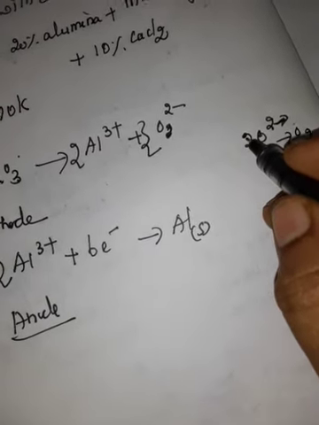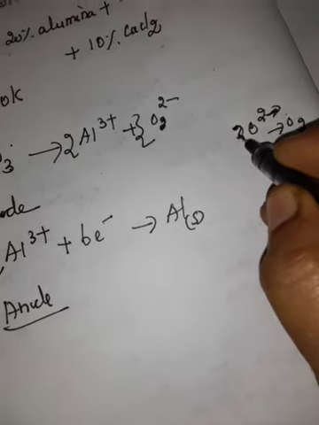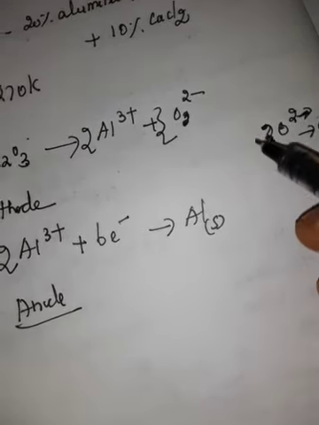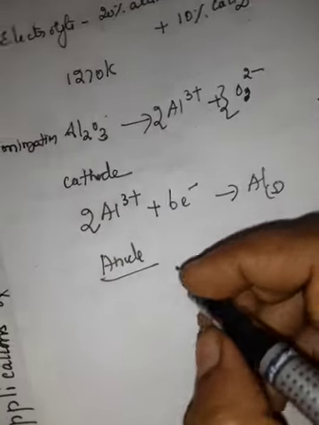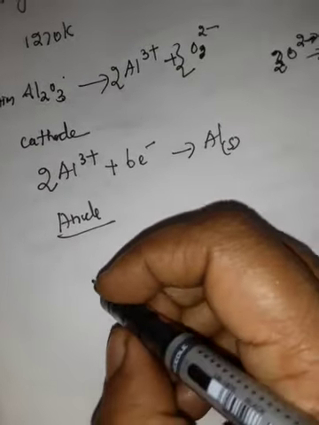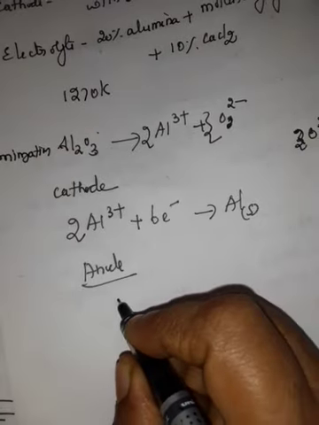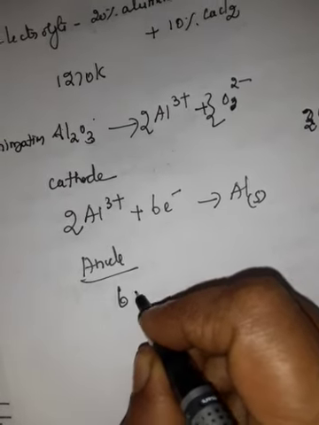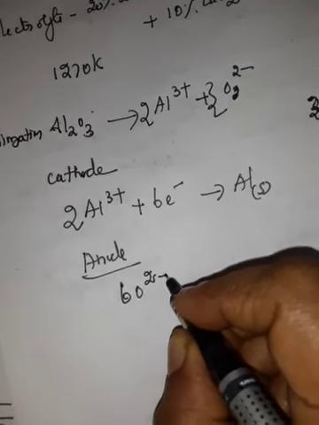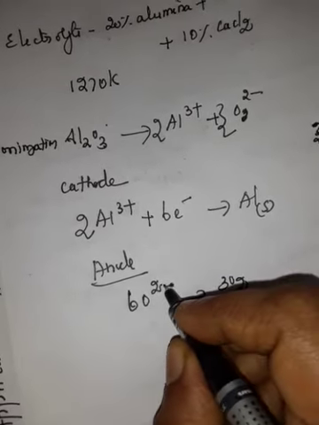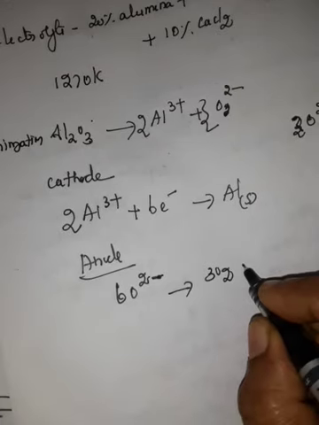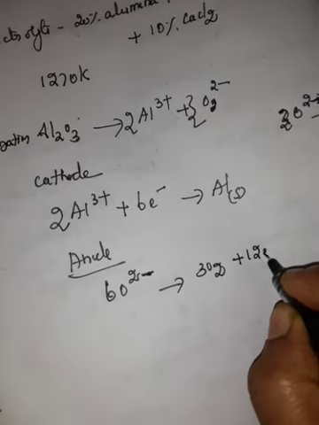Since we have 3O2-, at the anode, 6O2- melt forming 3O2 plus 12 electrons released.